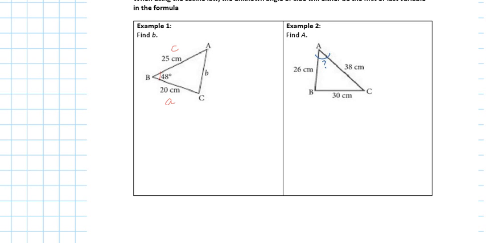I'm looking for side B, so I'm looking for this one. And because I'm looking for B, I have to do B squared equals A squared plus C squared minus 2AC cosine B.